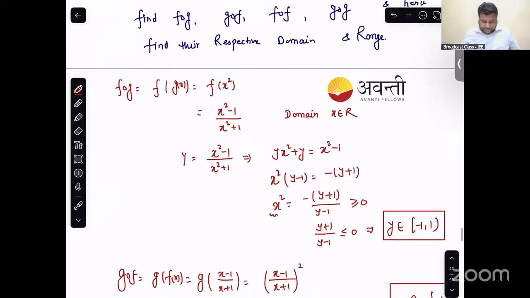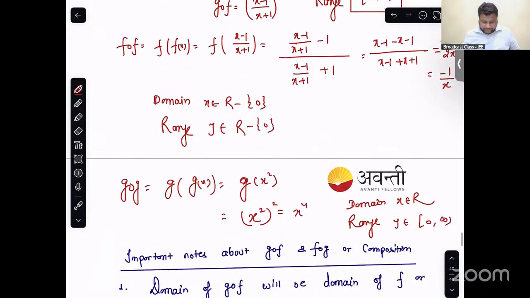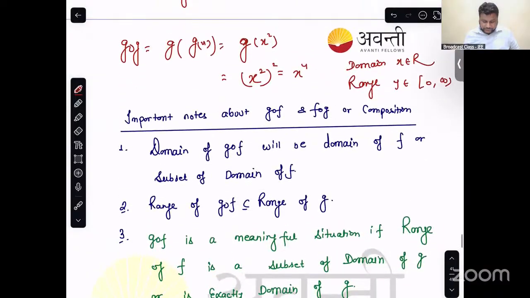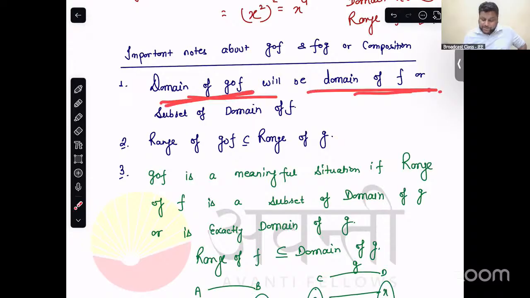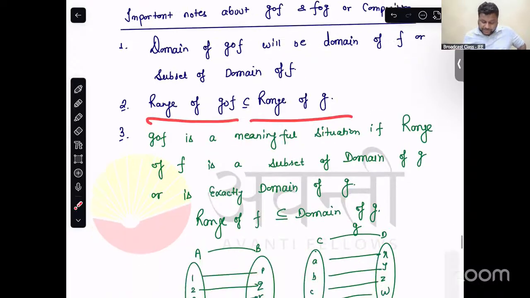Now let's take a quick revision of what we have done today. I started from here. Important notes about the domain and about the fog and gof functions. The domain of gof will be the domain of f or a subset of the domain of f. The range of gof will be a subset of the range of g.